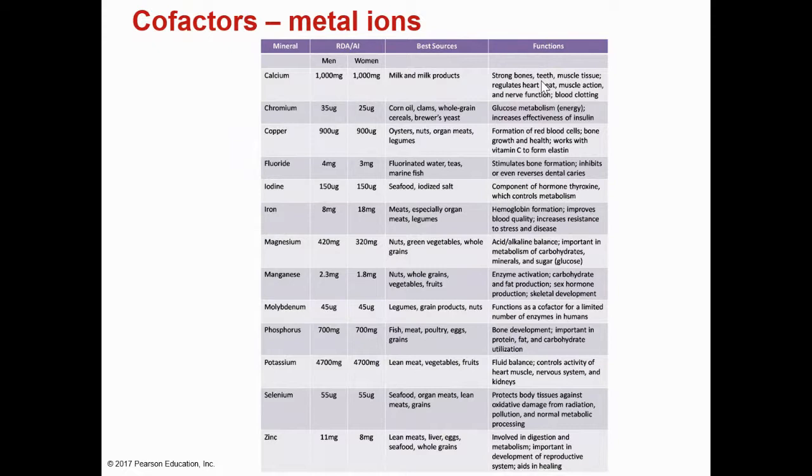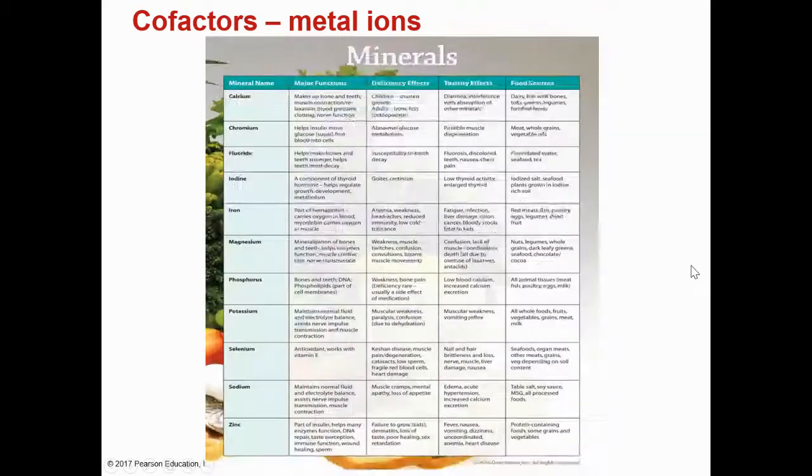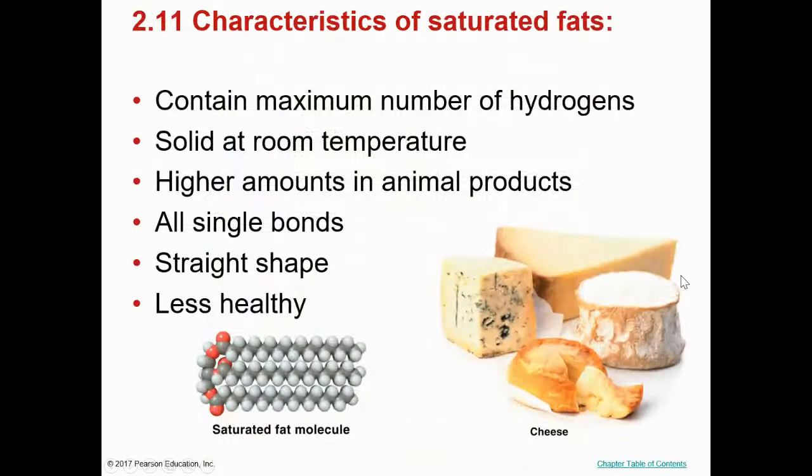Calcium is very commonly found in nutrition labels, as is iron, magnesium, potassium, and zinc sometimes. And then you have your cofactors listed here that are metal ions. So your sodium and your potassium are going to be the ones for you to look at for electrolytes.